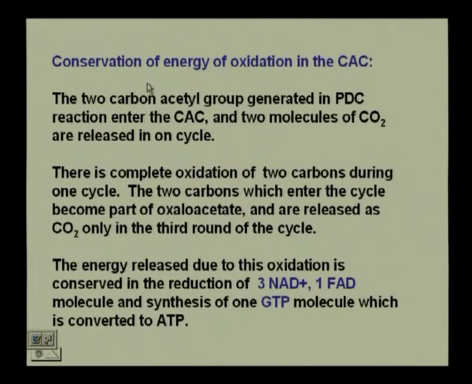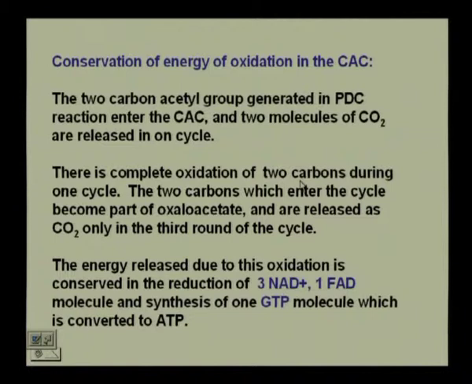Now we have to look at the conservation of energy of oxidation in the citric acid cycle. We have 2 carbon acetyl groups generated in the pyruvate dehydrogenase complex. There is complete oxidation of 2 carbons during one cycle. You saw that we had 2 CO2s being released.